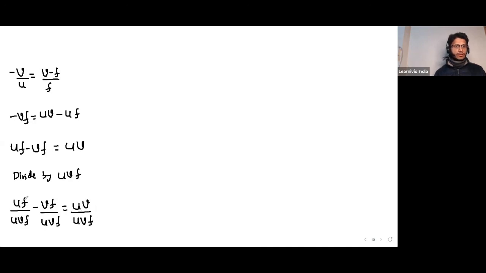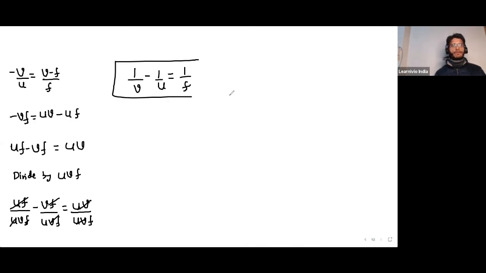So this UF will cancel this UF, VF will cancel this VF, UV will cancel this. So this is 1 by V minus 1 by U is equal to 1 by F. This is your desired lens formula. This is the lens formula: 1 by V minus 1 by U is 1 by F.